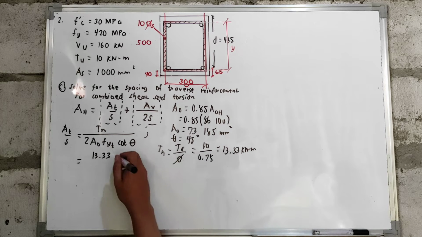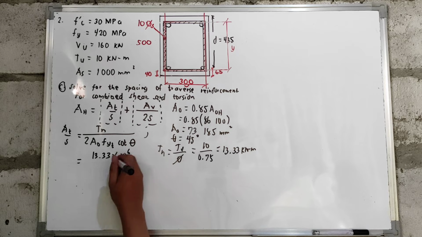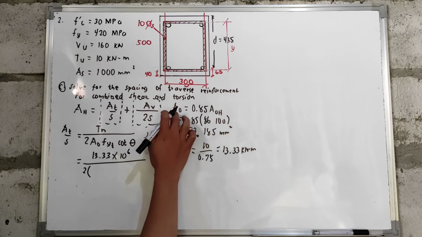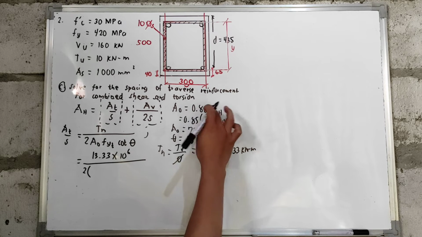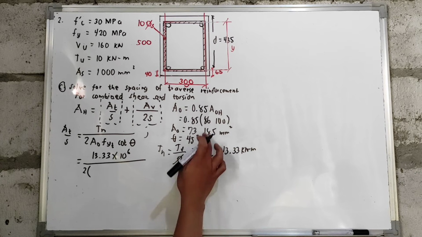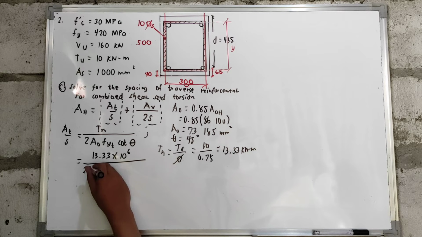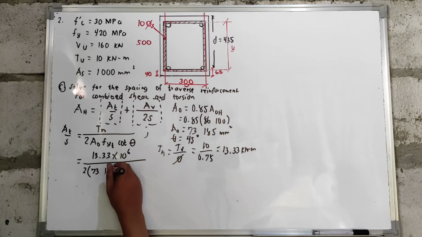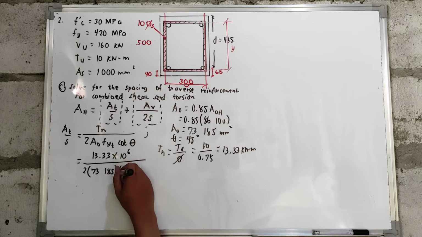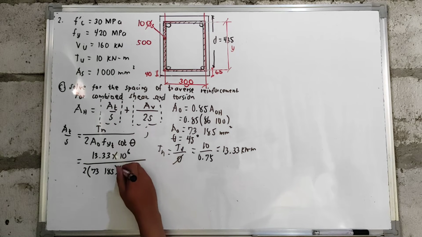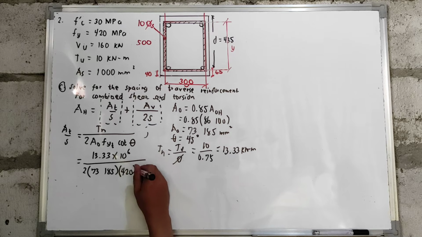So naka-kilonewton meter tayo, times 10 raised to 6 para maging newton mm. So 2 multiplied by, yung AO natin ha, that is always 85% of AOH. Yung AOH natin, yung na-compute natin kanina. So we have a value of 73,185 mm squared multiplied by the value of your Fyt. So dito, yung given lang natin is 420 megapascal multiplied by the cotangent of 45 degrees.